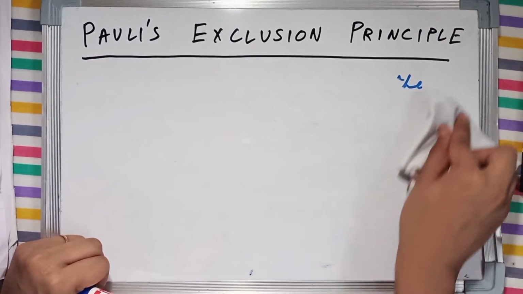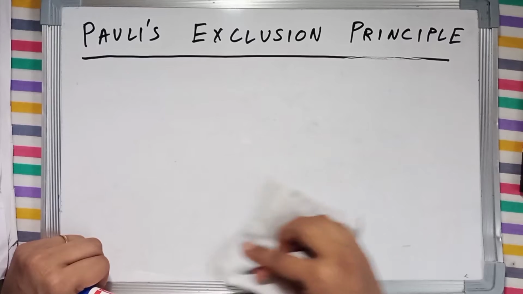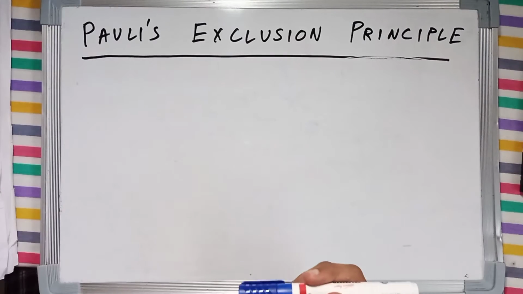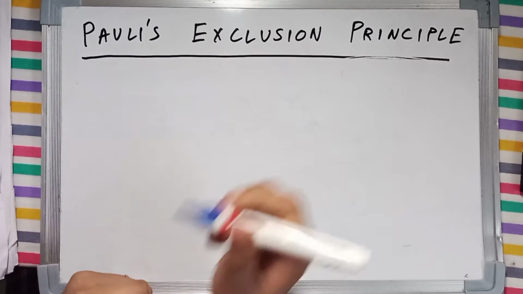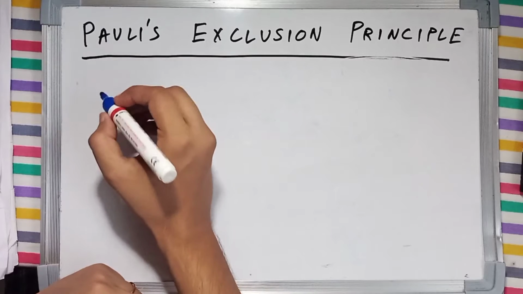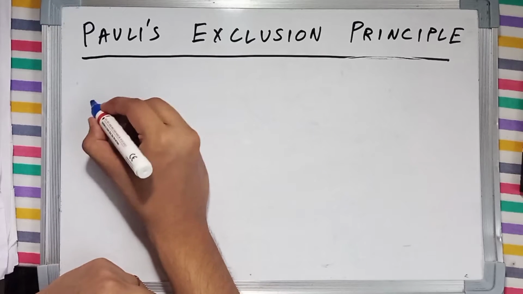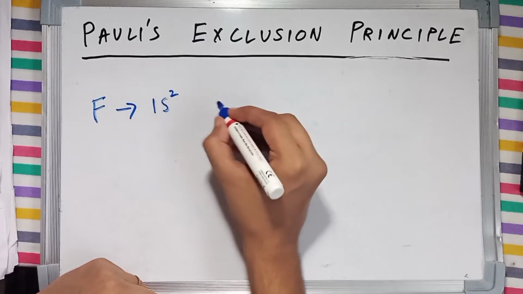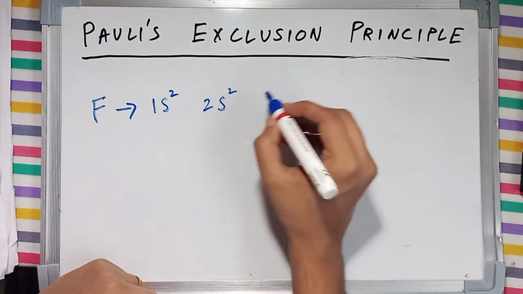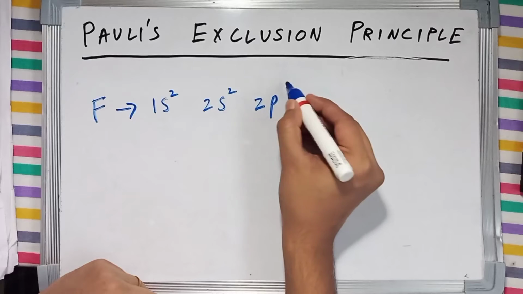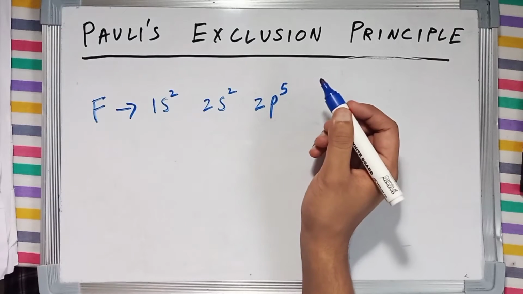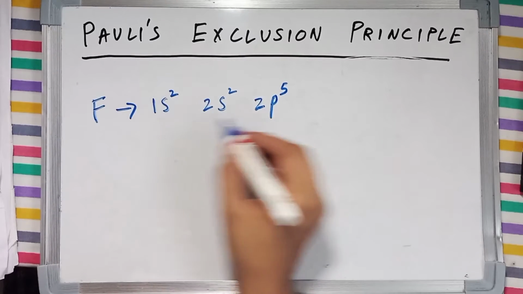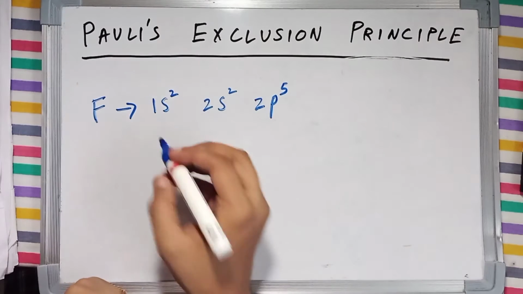We're going to write the electronic configuration of fluorine to have a better comprehension of Pauli's exclusion principle. Okay, so the electronic configuration of fluorine is 1s2, 2s2, 2p5. Okay, now let's draw the orbitals of these subshells.